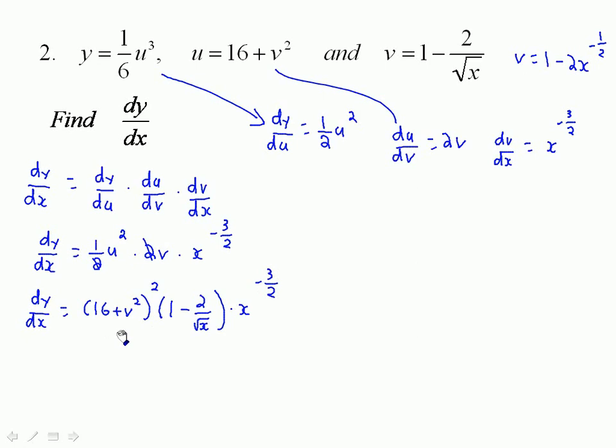And you could have done this in one step, of course, will see that the v needs to be replaced in terms of x. So dy dx is equal to 16 plus v, which is 1 minus 2 over root x squared, and then all of this to the exponent of 2, multiplied by 1 minus 2 over root x, and then all this times x to the negative 3/2.